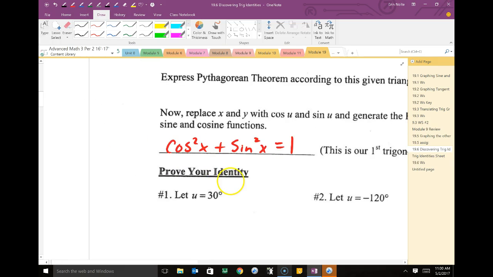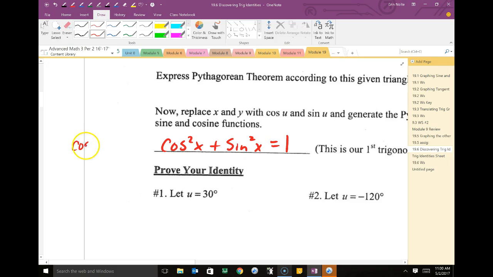Did anybody happen to write cosine like this when you were doing this on your own? Yes, because you probably didn't know the actual notation. So just so you know, this is exactly the same as this. These two things are equivalent.